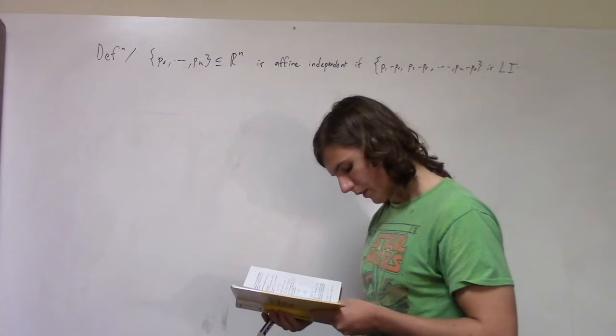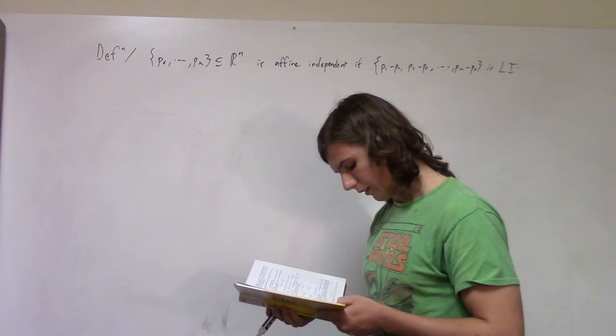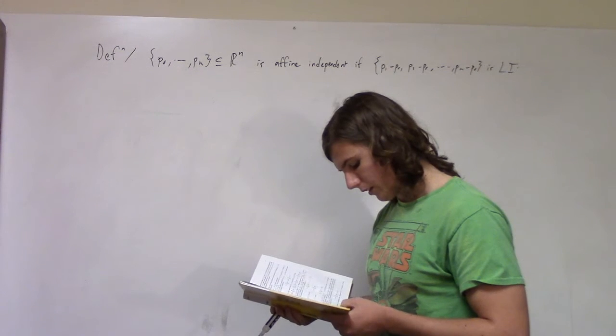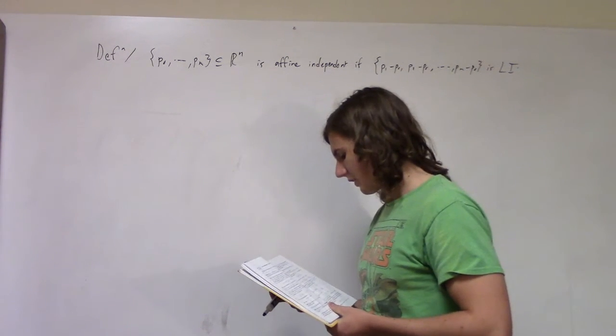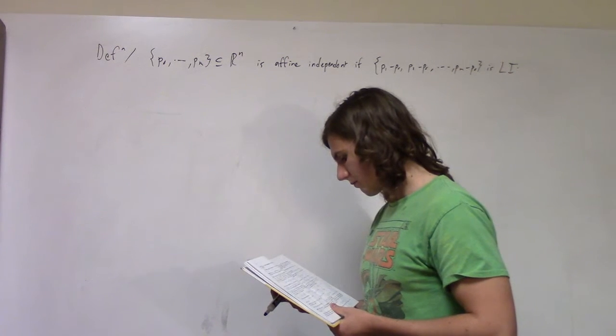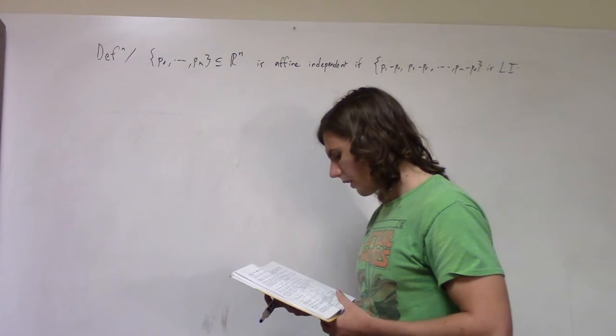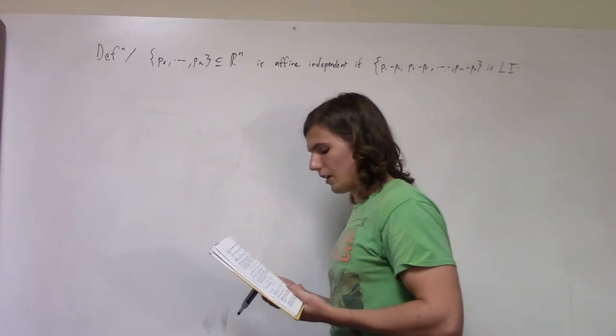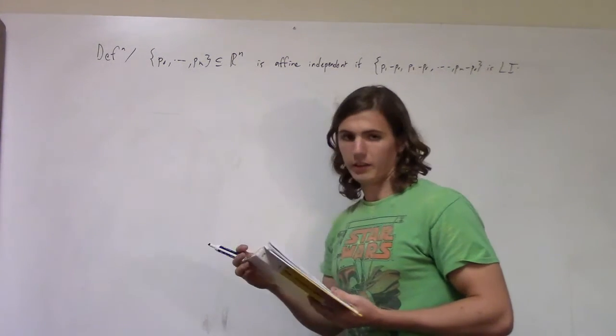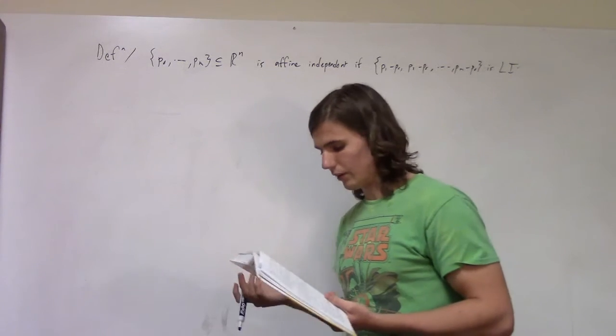And then he also looks at some special cases. Any one-point set is affine independent. Two points are going to be affine independent if they're not the same thing, if their difference is different than 0.